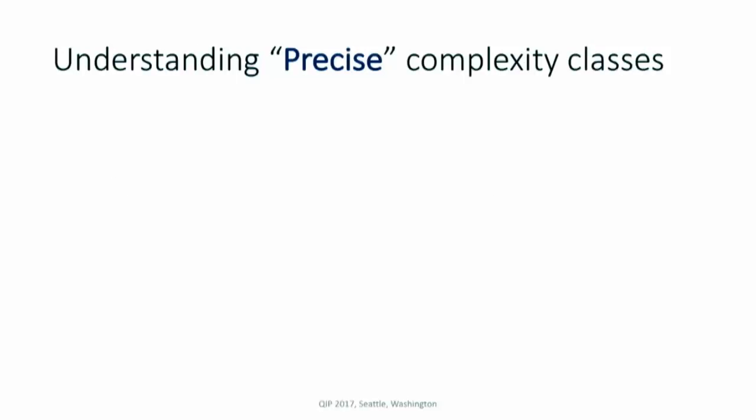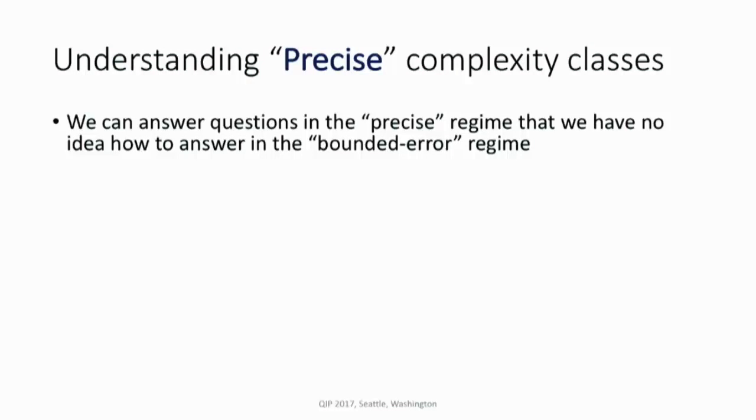Let me say a little bit more about these precise complexity classes. Something that's nice about this is we can answer questions in the precise regime about complexity theory that we have no idea how to answer in the bounded error regime. For example, how powerful is QMA2? This is the QMA class in which Merlin receives the tensor product of two quantum states, psi1 tensor psi2.